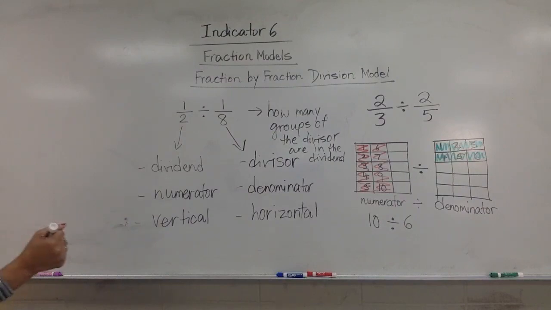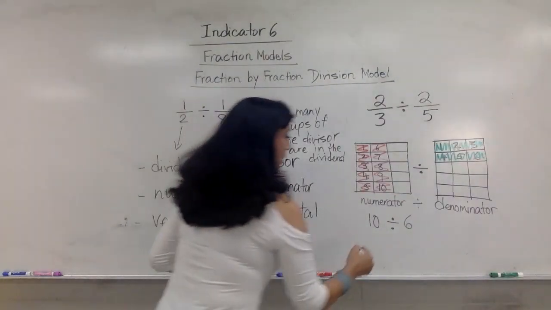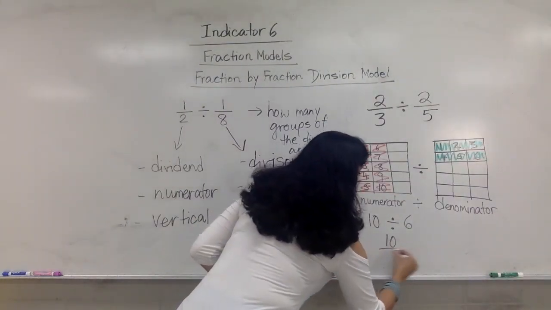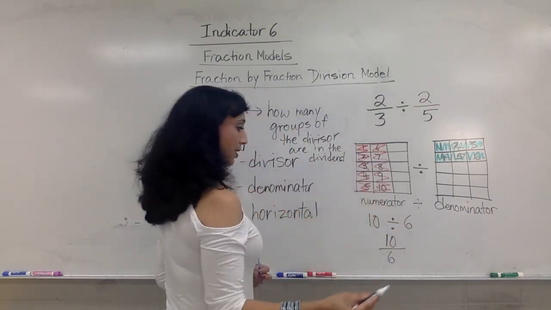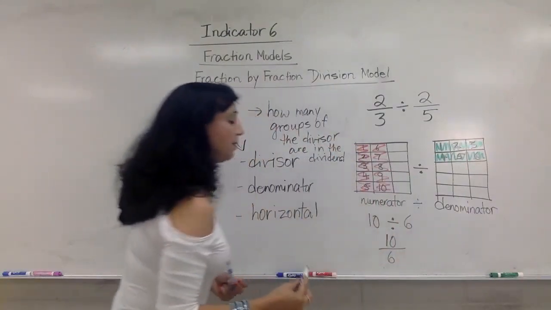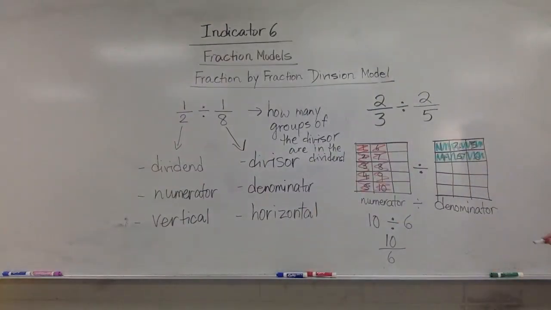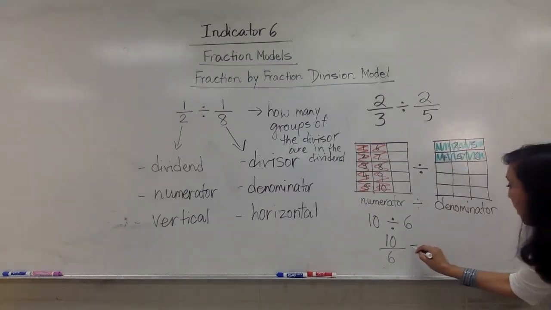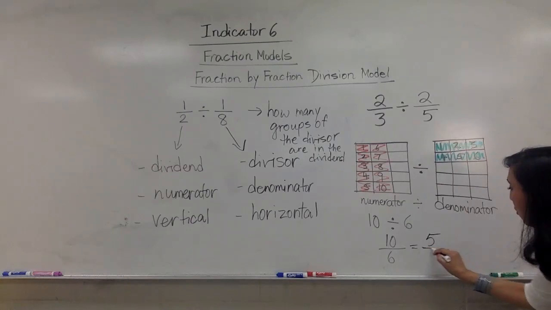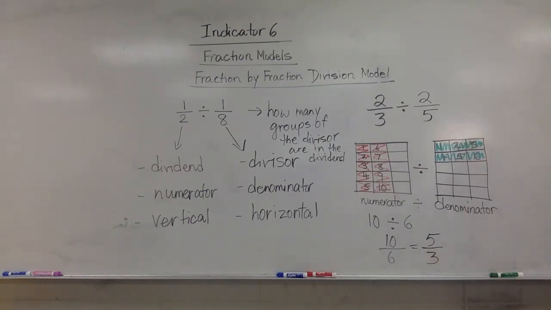And then in this case, 10 over 6, which is not in simplest form. Okay, so in this case, we are going to get 5 over 3.